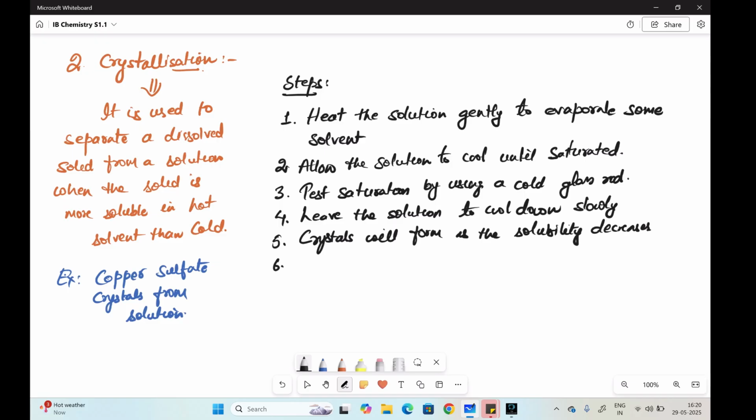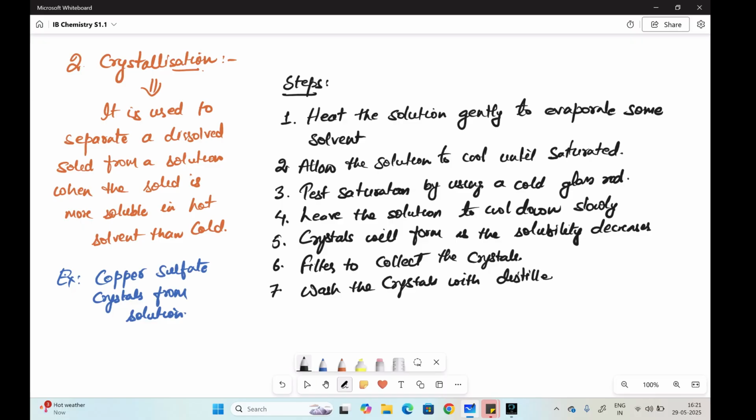Now you can filter it, or you can say filter to collect the crystals. And then you can wash it, so you can say wash the crystal with distilled water and dry on filter paper.